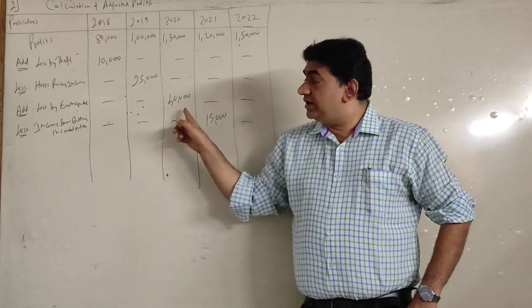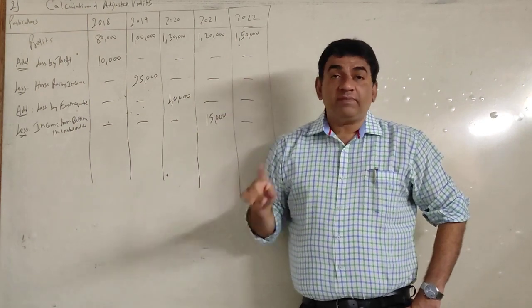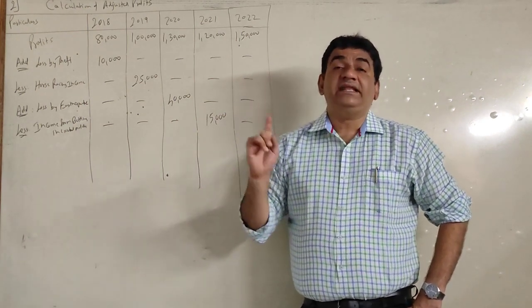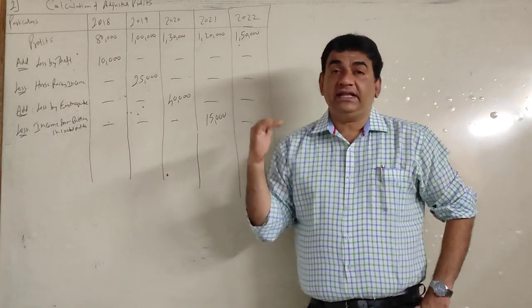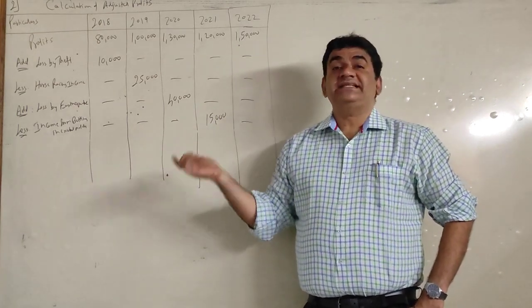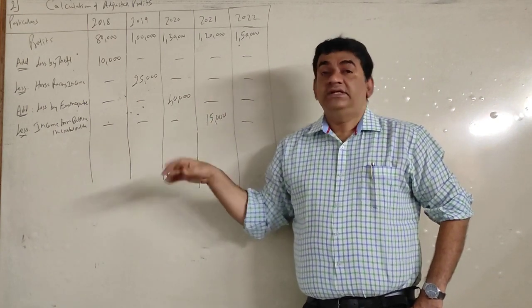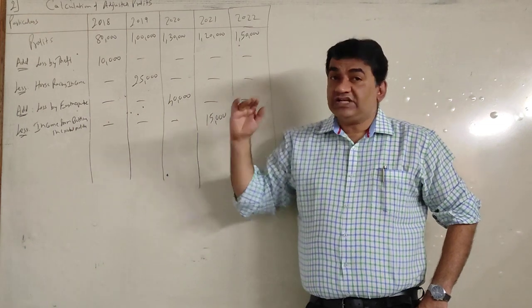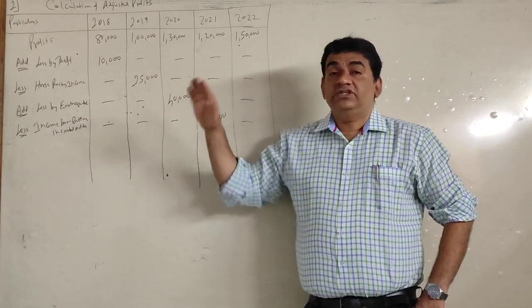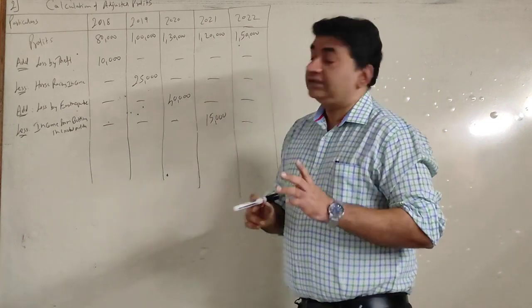We added loss by earthquake because it was a non-operating expense. But this is not a non-operating expense. It is an arithmetical, accounting error, where instead of showing it as an asset, by mistake you have shown it as an expense in P&L. So because of an expense being shown in P&L, your profit has come down, so add it back to get the correct profit.